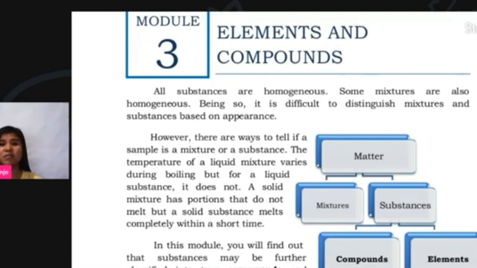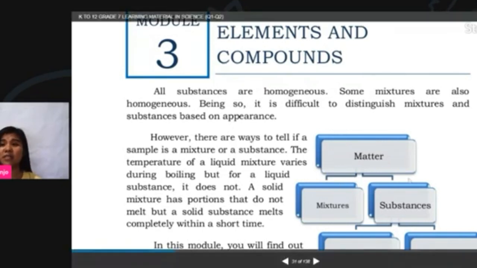That means it keeps on changing, so it is not consistent in its temperature. For the solid substance, you are going to melt it and it will melt completely at a certain temperature. Whereas in a solid mixture, at a given temperature, there are parts that do not melt. So that signifies that it's a mixture.